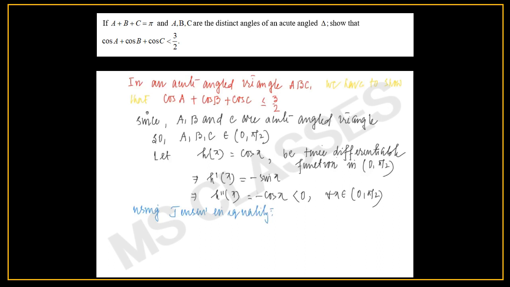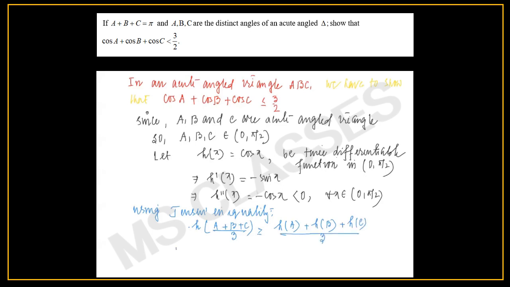And we can say here that h of (a plus b plus c)/3 is greater than or equal to (h of a plus h of b plus h of c)/3.